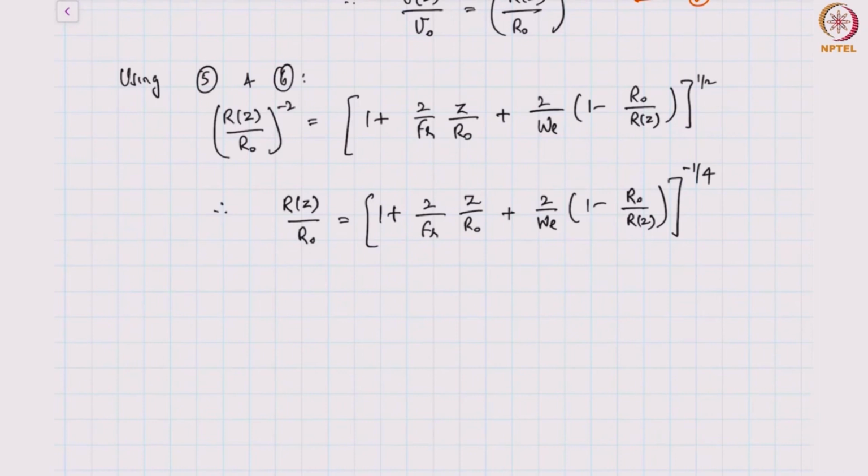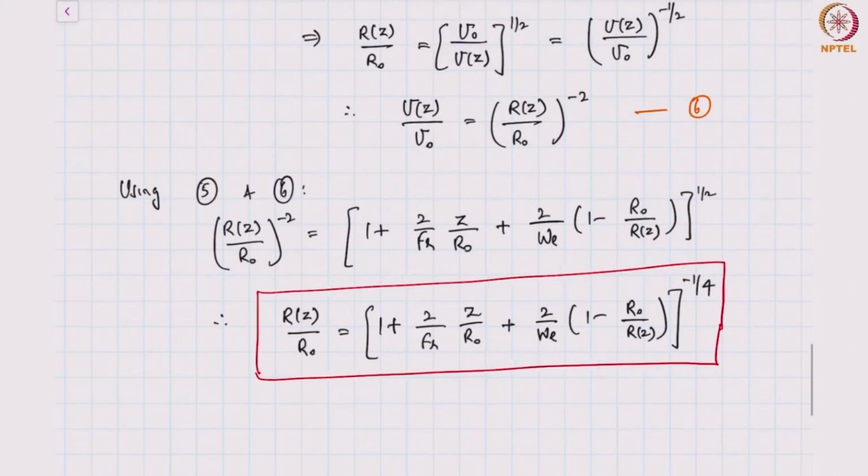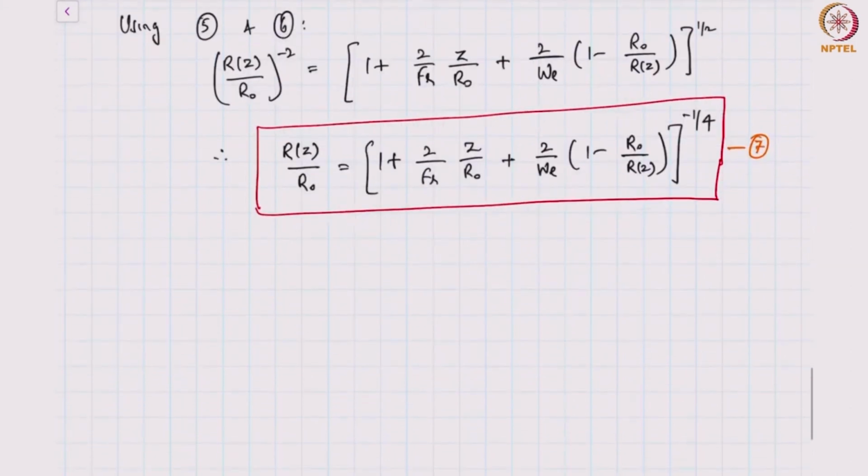Right? We can make some simplifications further. If you see this expression, it has expressions involving R of z on the left hand side and right hand side. We'll still give this a label before we simplify it. Let's call this relation number 7. Okay.